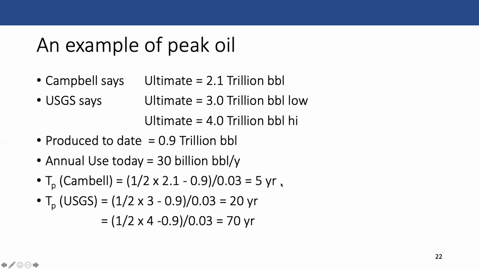And so if we use that equation, then in theory, we could be hitting peak oil within, say, 5 years or up to something like 70 years, right? At that point, production will slow down and prices will increase. And it can still be pretty difficult to tell whether or not we've hit peak oil already. But as you can see, there's a pretty wide range of uncertainty in these estimates.